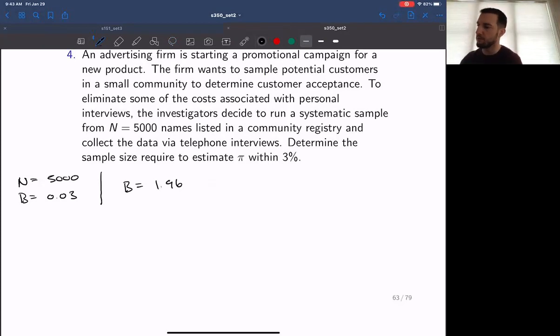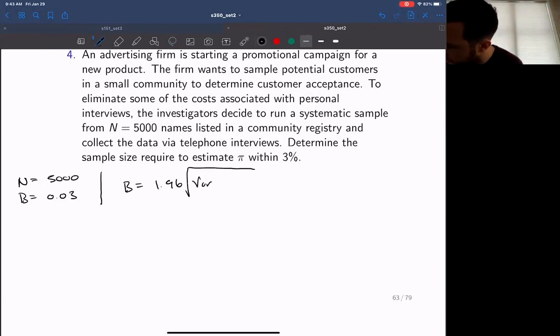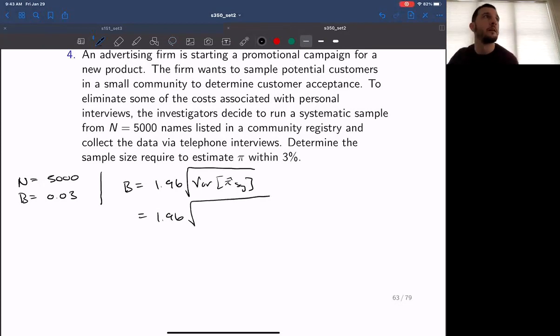The standard would be just to assume alpha 0.05. And then this is going to be multiplied by the variance of pi hat. So we have 1.96 multiplied by the square root of 1 minus little n over capital N, pi hat sy, 1 minus pi hat sy divided by little n.